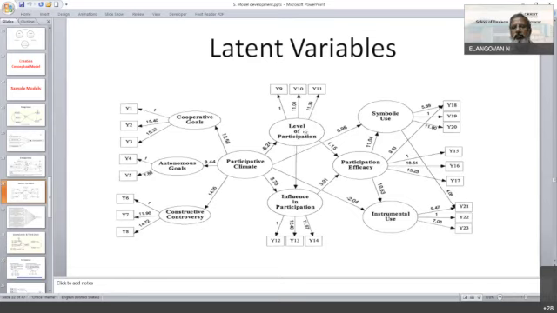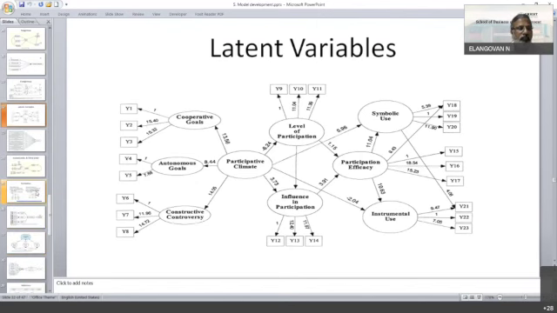Level of participation is influencing the participation efficacy, but this arrow mark is participation efficacy is not influencing Wi-Fi. Instead, participation efficacy is being measured by Y50. So you need to understand this. These are reflective and formative variables, and these arrow marks are influence. You will learn this better in structural equation modeling, but you need to have a fundamental idea.